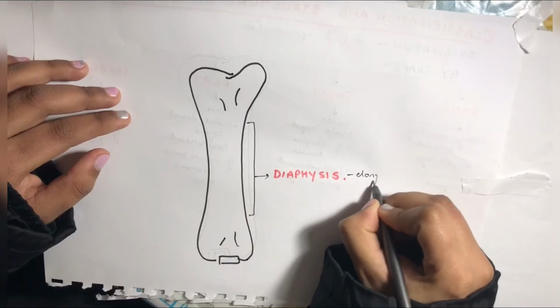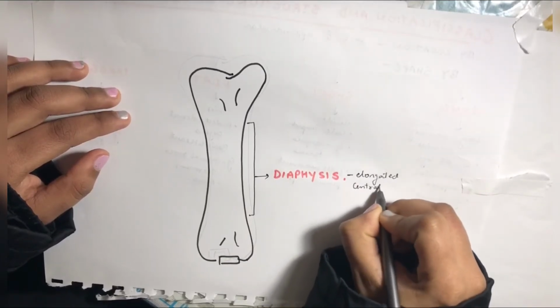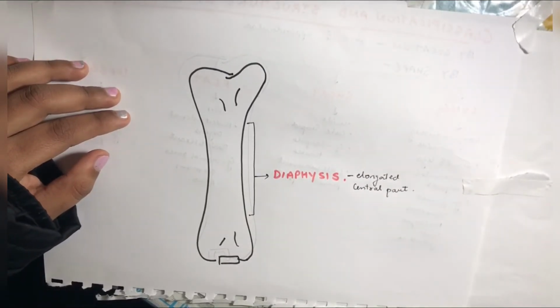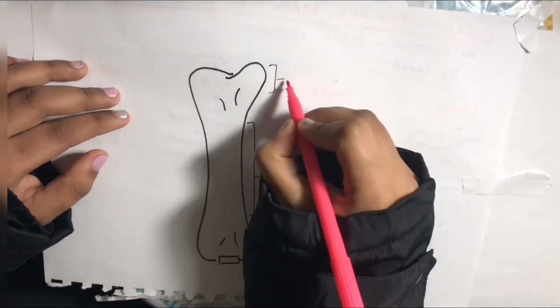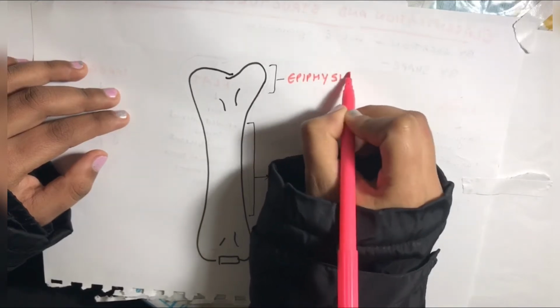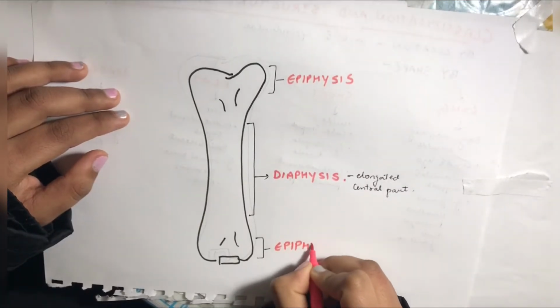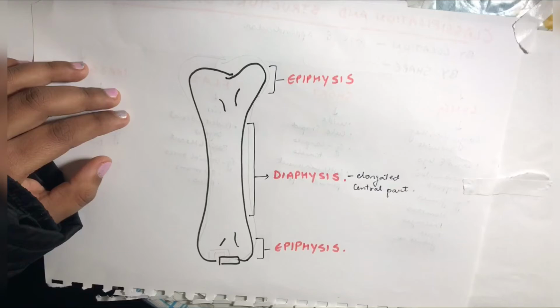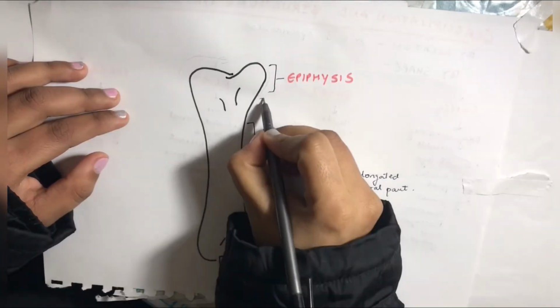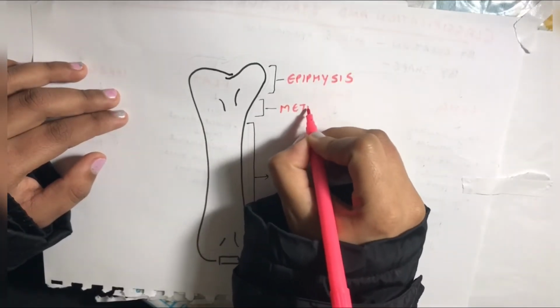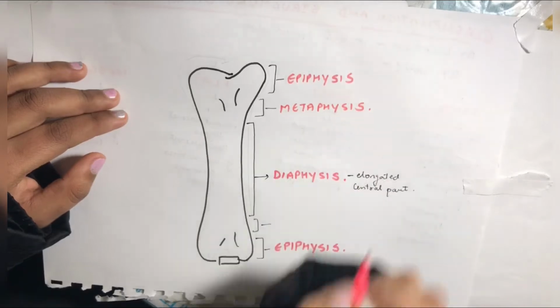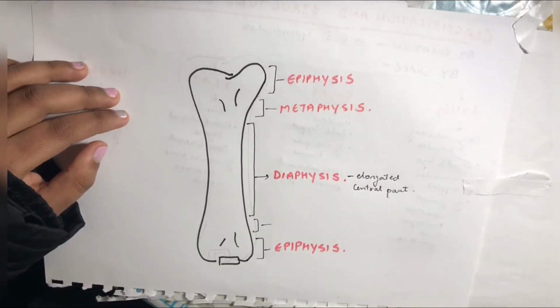At each end of the diaphysis, the enlarged area of the bone is known as the epiphysis. The diaphysis is connected to the epiphysis by a thin segment of bone in between, known as the metaphysis. I hope you are clear with the terms diaphysis, epiphysis, and metaphysis.